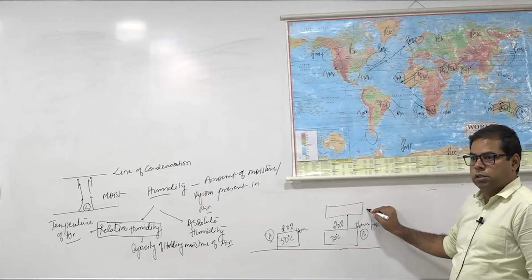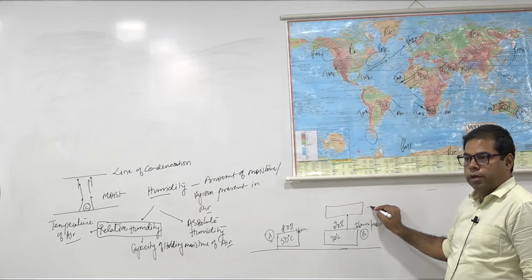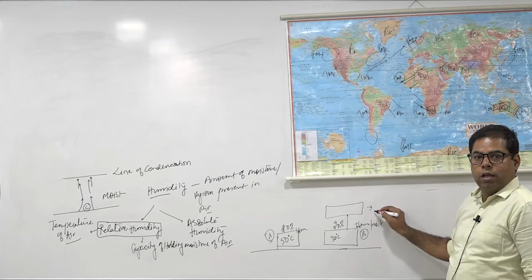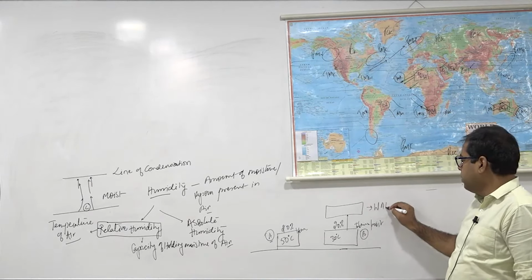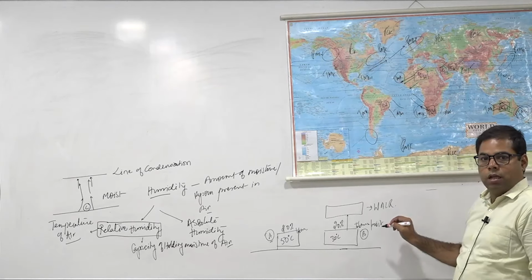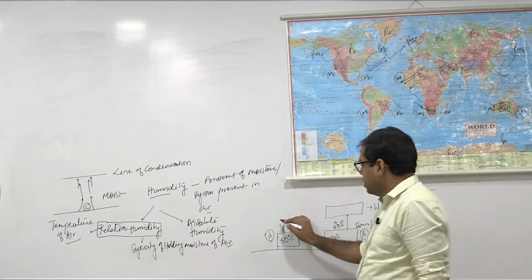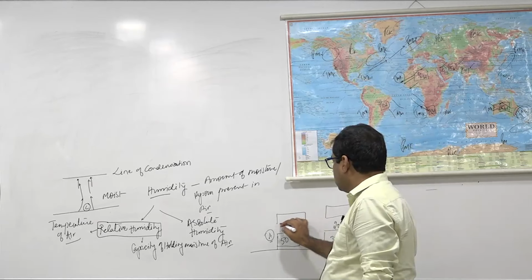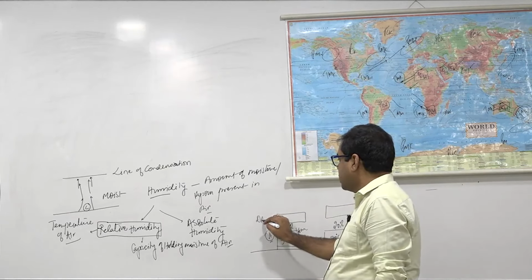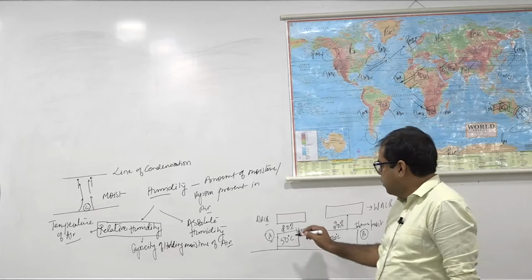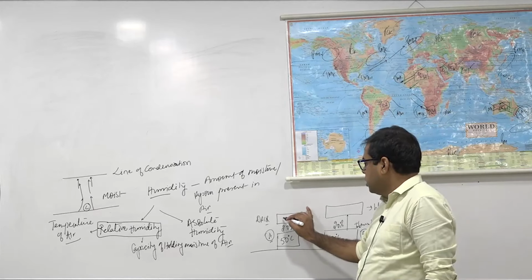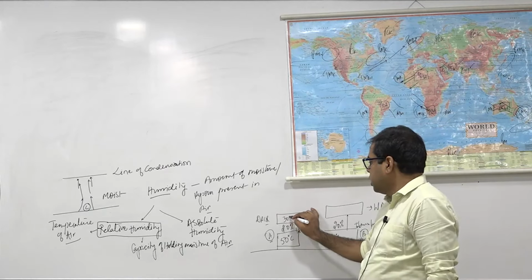Temperature will decrease. Temperature will decrease at what rate? Wet adiabatic rate, because the air is moist. Wet adiabatic lapse rate. Right? Here the temperature will decrease with the dry adiabatic lapse rate. Right? So then after it will become here, there it will be 30%.